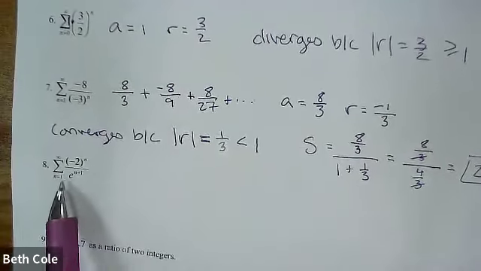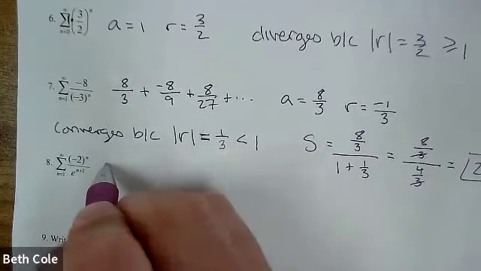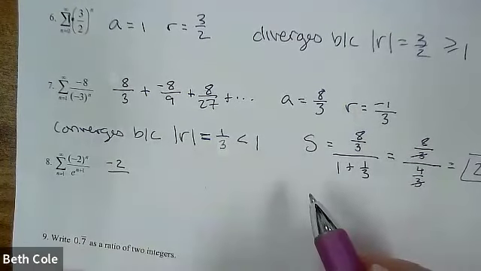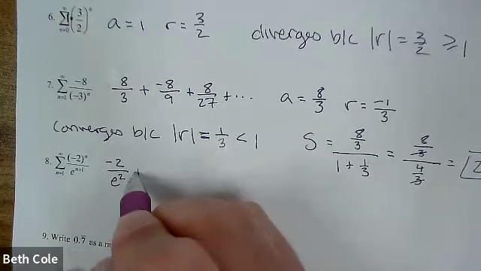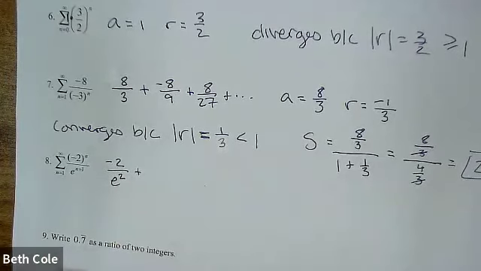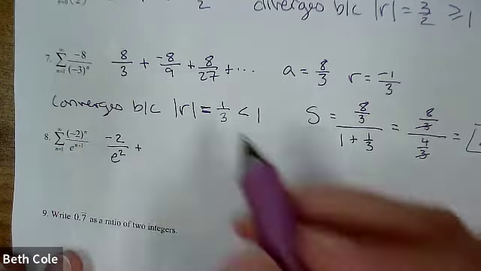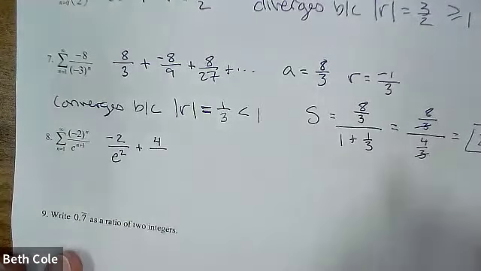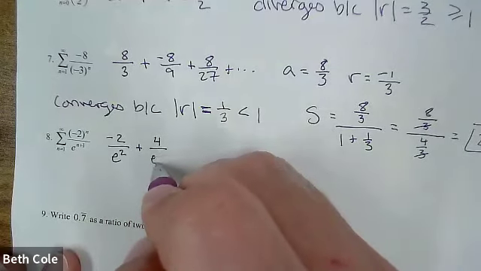All right. Let's generate the first few terms. We're going to plug in 1. So our numerator would be negative 2. Our denominator would be e squared. This one's going to alternate as well. If we plug in 2, we're going to get 4 over e to the 3rd.